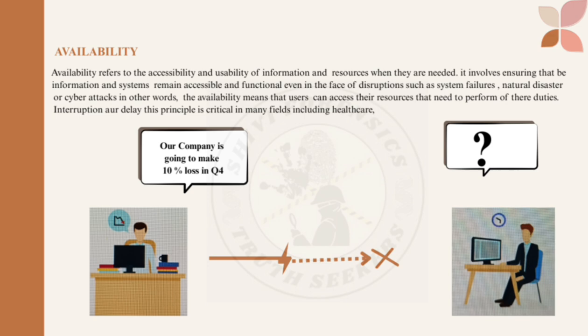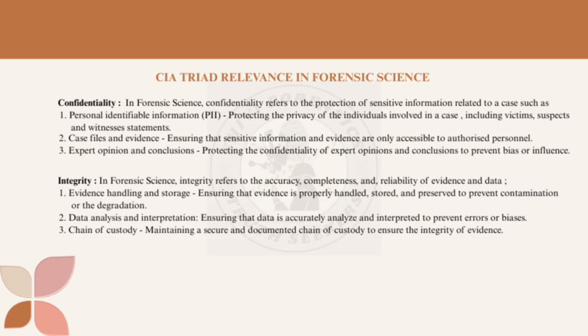In other words, availability means that users can access the resources they need to perform their duties without interruption or delay. This principle is critical in many fields, including healthcare. If our company is going to make a 10% loss in Q4 and the information is not available to others, what are they going to do? That's all about availability.